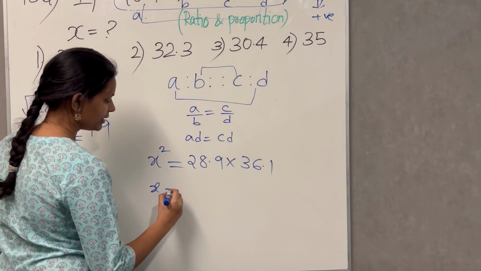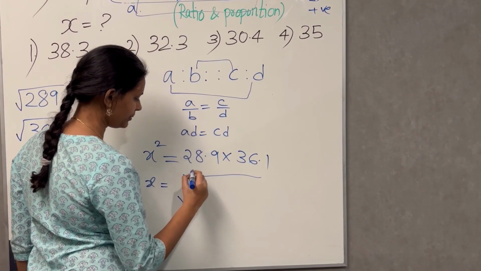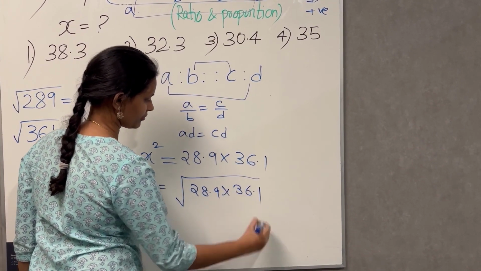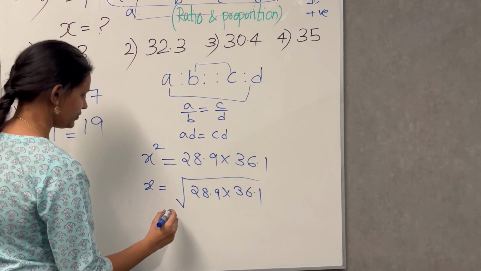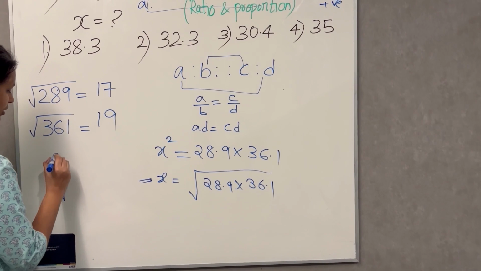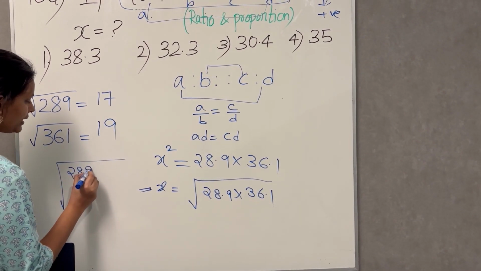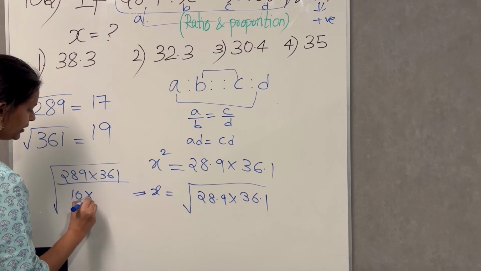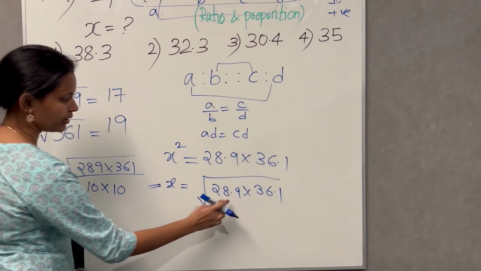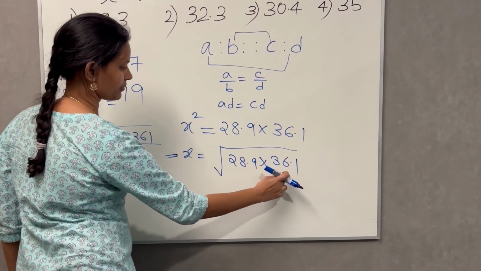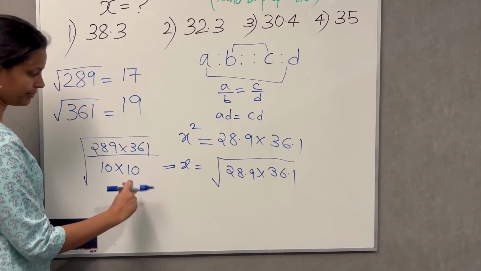Since x square is there, it becomes a root on the right hand side. As we know, decimals are there, so what can we write? 289 into 361 by 10 into 10. The decimal is one digit from the end, that's why 10, 10.